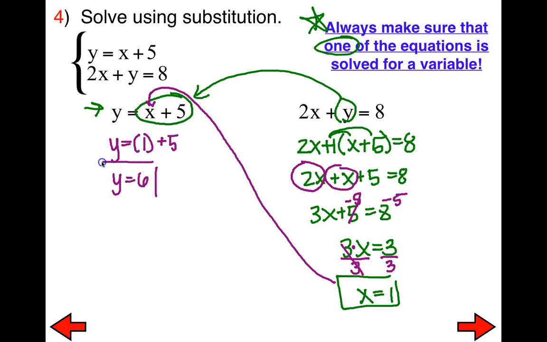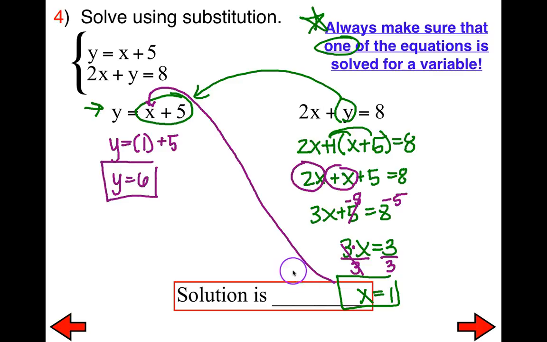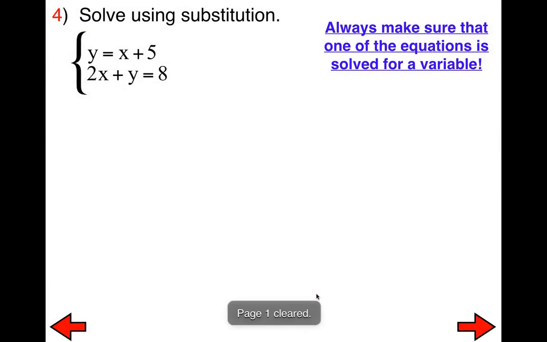So now that I have both, I'm going to say that the solution is x is 1 and y is 6. Perfect. But we need to make sure that this solution is indeed the correct solution, so we need to check.